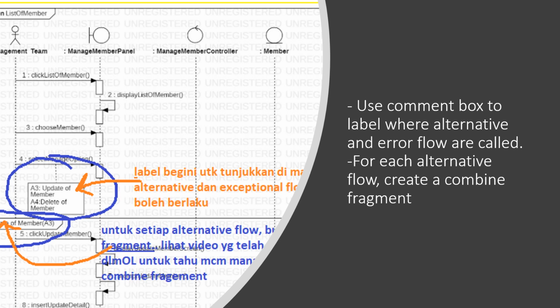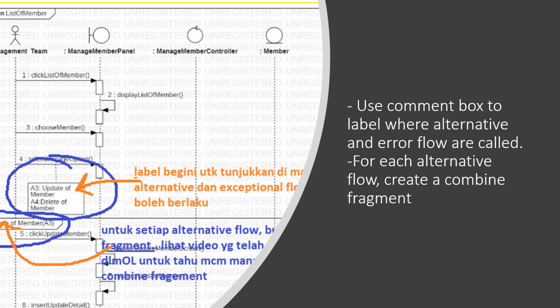Okay, I believe when you write your use case specification, you have alternative flows, right? Maybe there are more than one, maybe 2 to 5. It depends on the design that you have, and on the use case specification that you have written. So when you are drawing your sequence diagram, it should, of course, map back to the messages or steps that you have written in your use case specification.